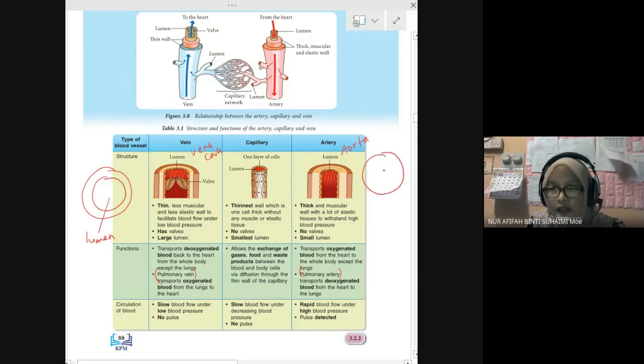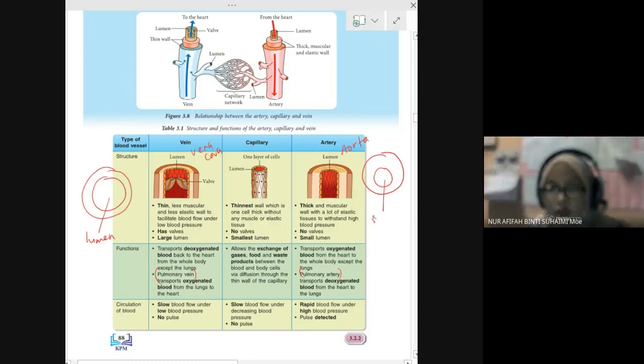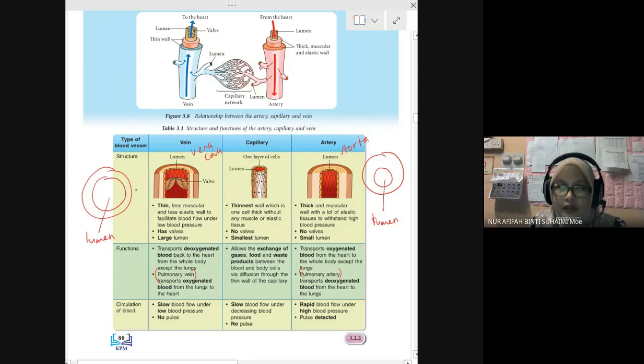And for artery, it has a thicker wall and a small lumen. Artery has a thicker wall because it needs to stand higher pressure, and it has a smaller lumen than vein.